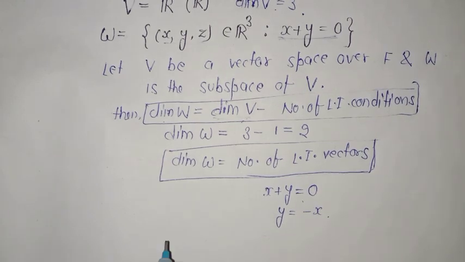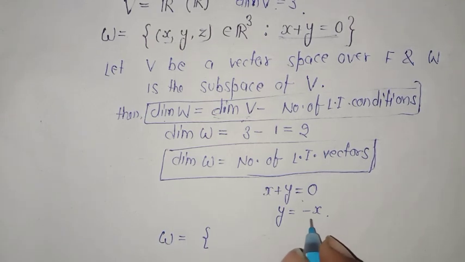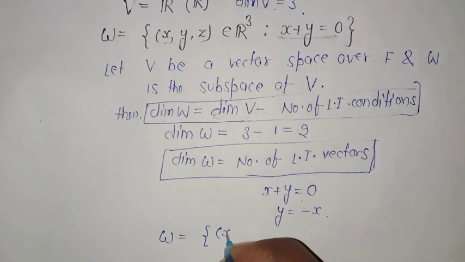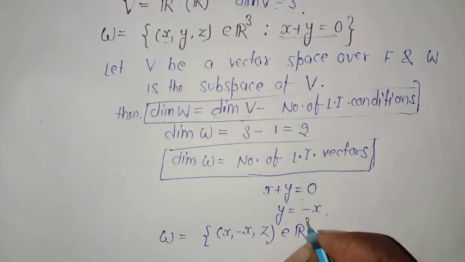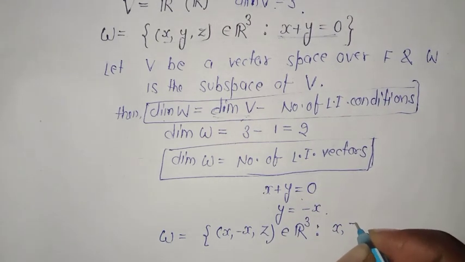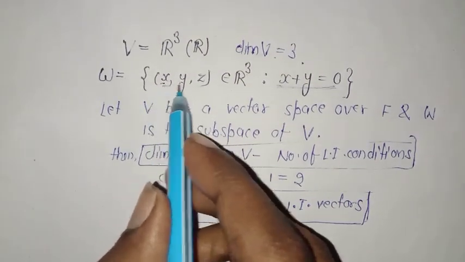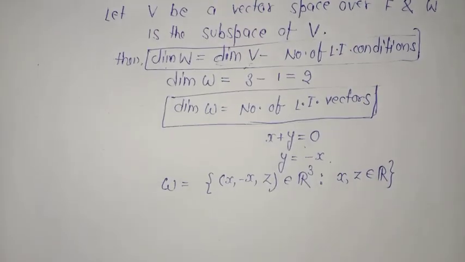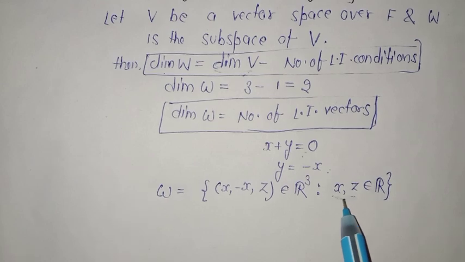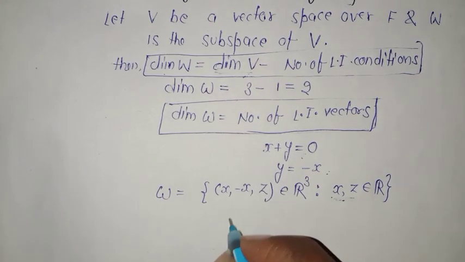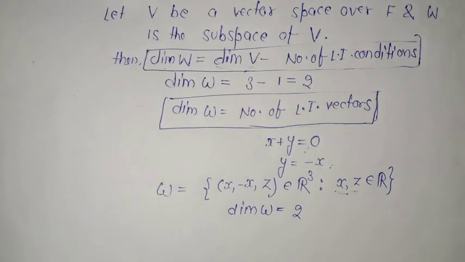So the subspace takes the form W equals the set of (x, minus x, z) belonging to R cube, such that x and z come from R. There were 3 variables at the start, but after applying this condition, we have only 2 independent variables. So the dimension of W will be 2. So this is also a method to find the dimension.